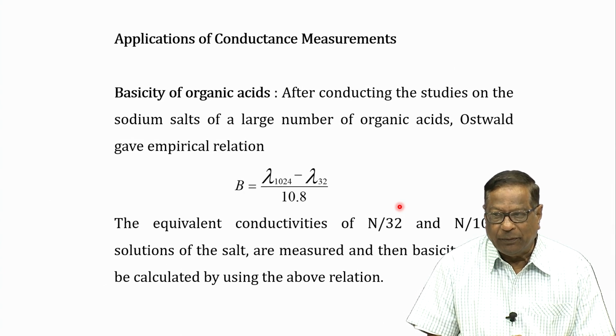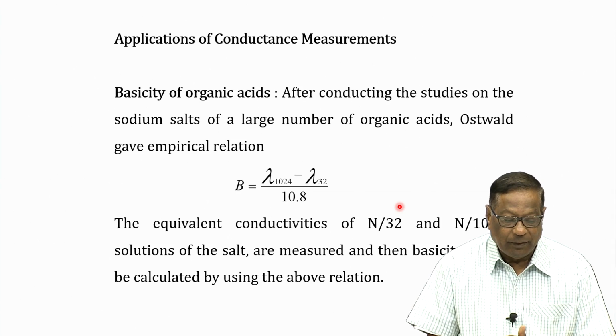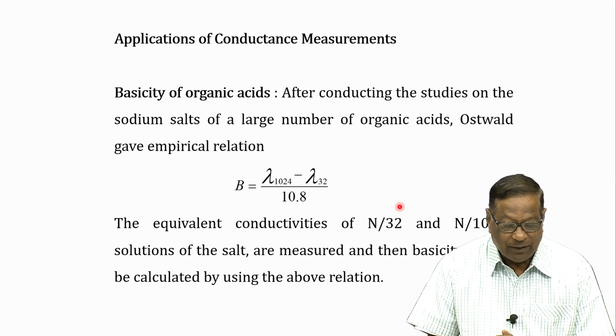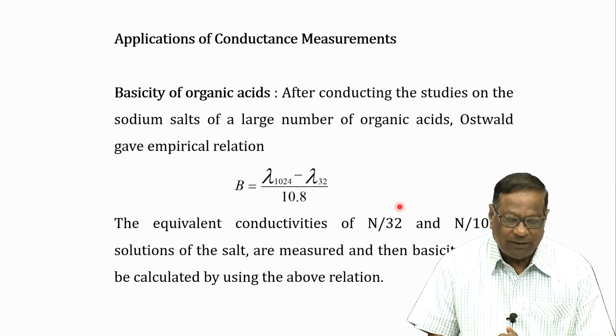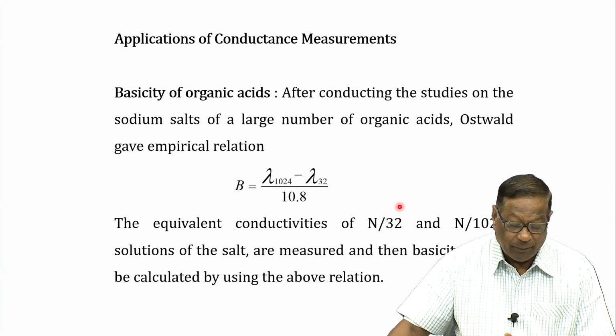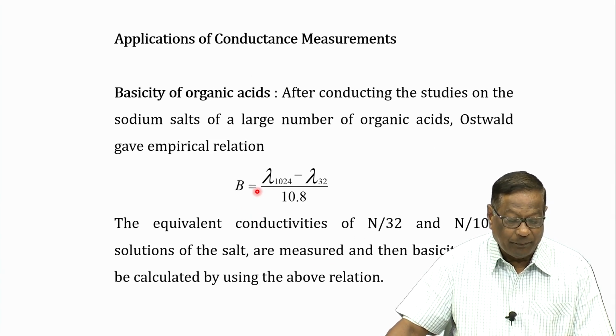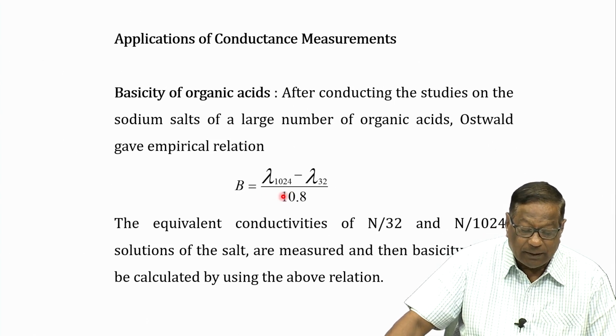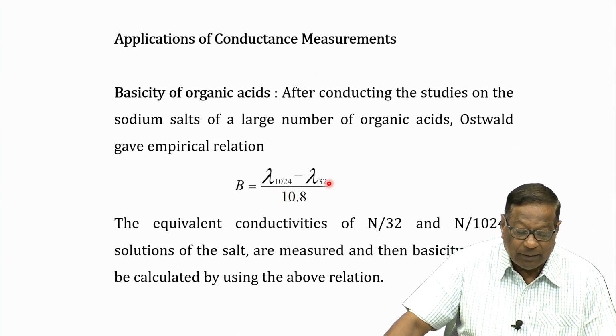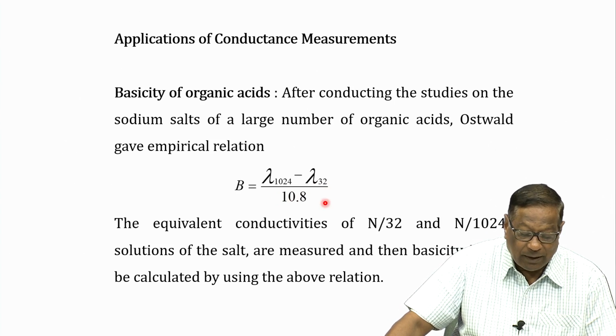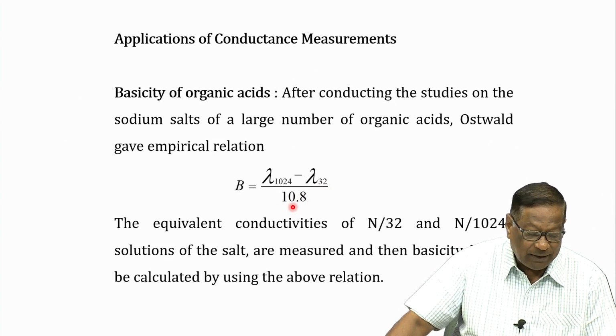So, what all can we do with the conductance experiments? We can determine the basicity of the organic acids. After conducting studies on the sodium salts of a large number of organic acids, Ostwald gave an empirical relation, B is equal to lambda 1024 minus lambda 32 divided by 10.8.